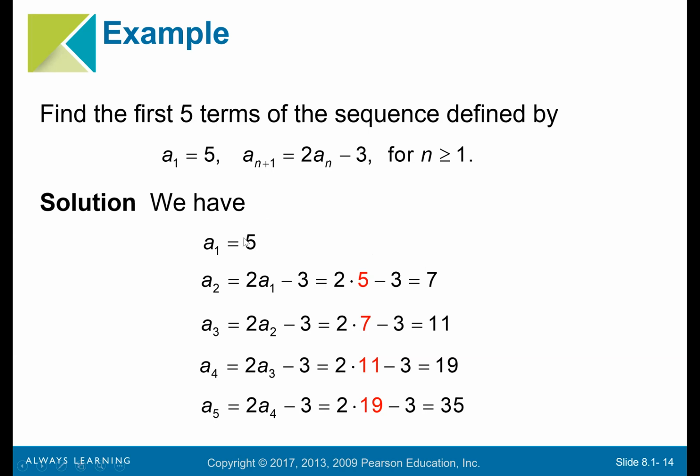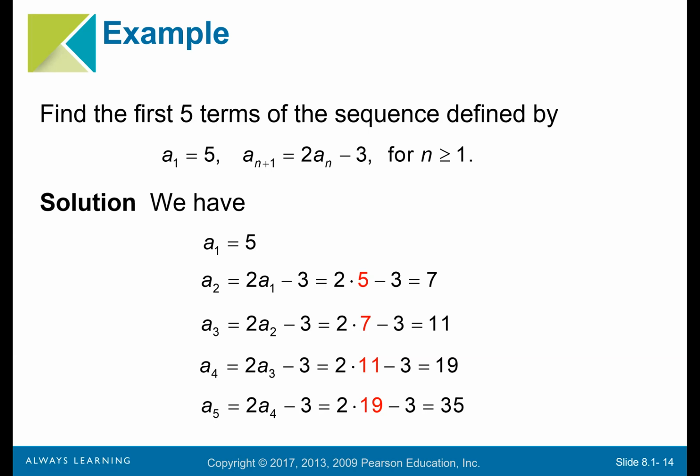So to generate the next term, you just take 2 times this term minus 3. So to generate the third term, we would take 2 times this term, which is 7, minus 3 to get 11. To get the fourth term, we would take 2 times this term, which is 11, minus 3 to get 19, so on and so forth.